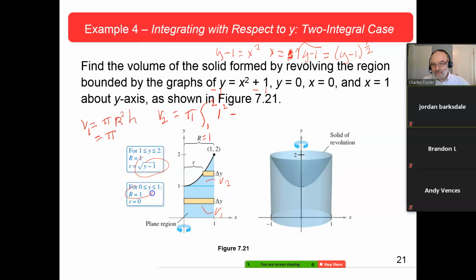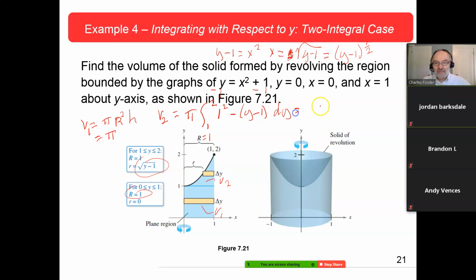Okay, so here's your capital R1. Your inner radius is that. When you square that, you just get y minus 1. Now watch out for those minus signs. They're there to trip you up. And then dy is the thickness of that disc, washer, whatever you want to call it. Now when you do this, you get 1 minus y plus 1.